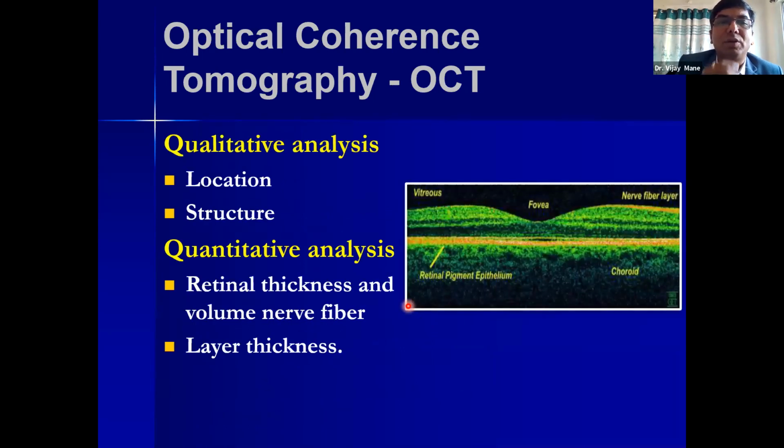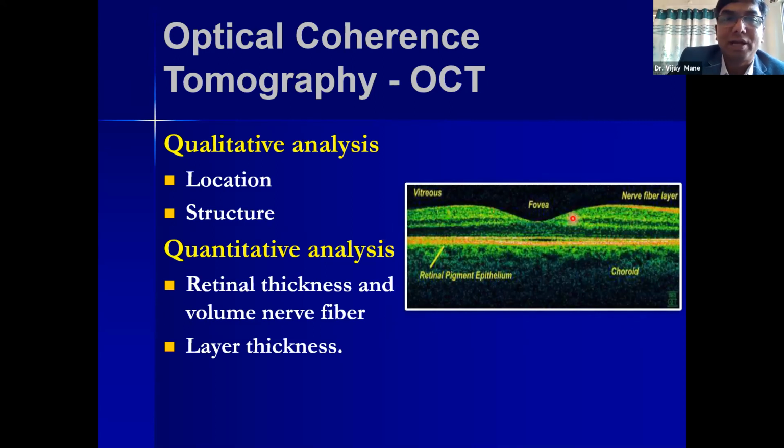So there are many algorithms developed for qualitative analysis as well as quantitative analysis of the eye, of the retina. Qualitative analysis will give you the proper, exact location, as compared to many other techniques, of various landmarks of the retina, landmarks of the eye, like the fovea, the choroid, then all the retinal fibers.